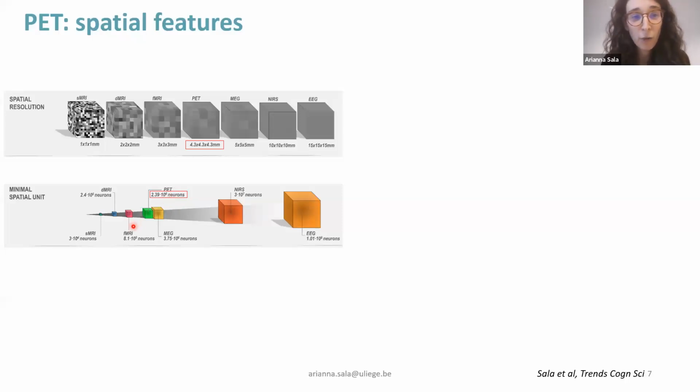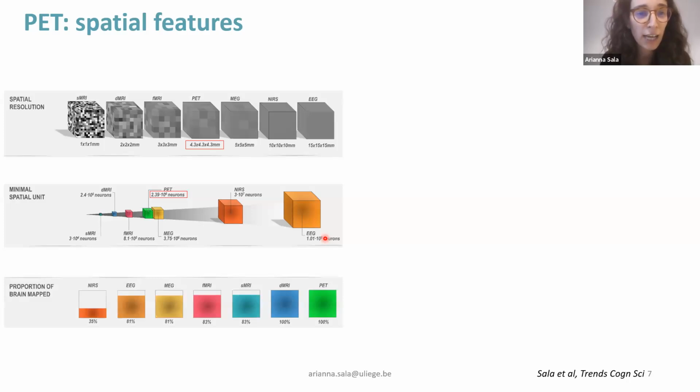For comparison, we're talking about 800,000 neurons per voxel in fMRI, and 100 million neurons if we look at, say, the spatial resolution of EEG. So it's much more integrated, and PET is much more precise compared to electrophysiological techniques.